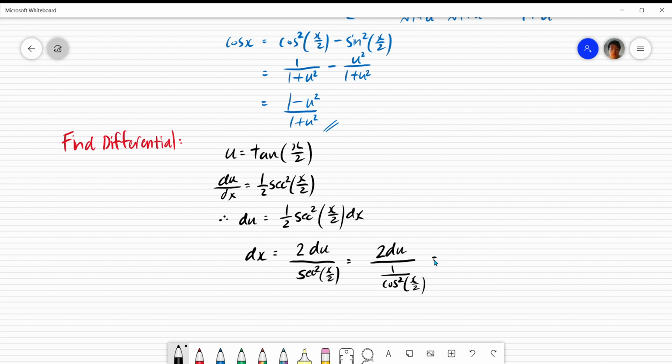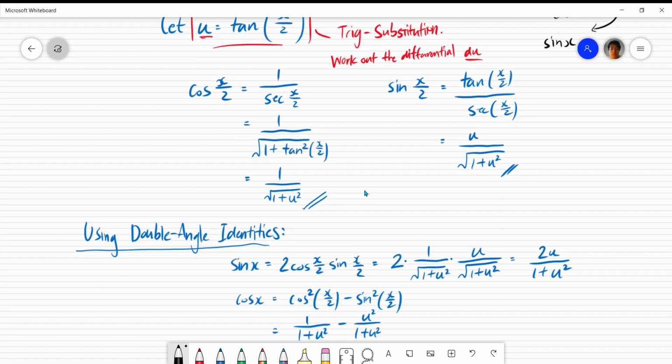To find out what cosine of x over 2 is, we just look back at our formula we derived earlier.